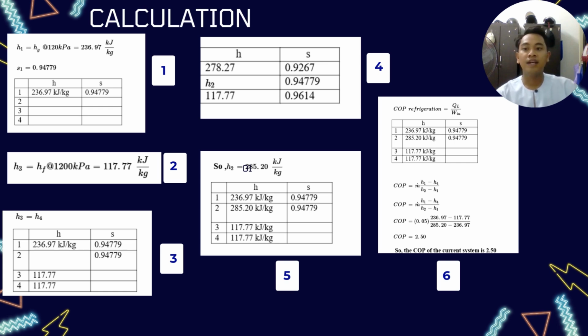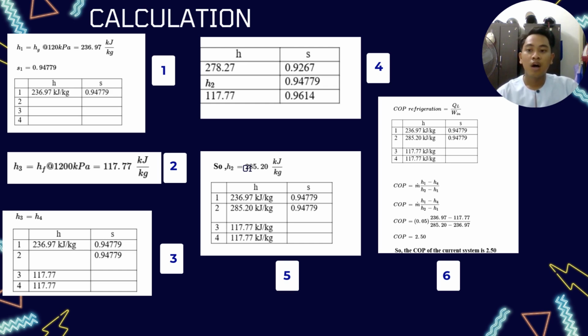So to find the H2, we do some interpolation before checking the table A13 at 1.0 MPa. So the value S1 equal to S2. So we get the H2 285.20 kilojoule per kilo.